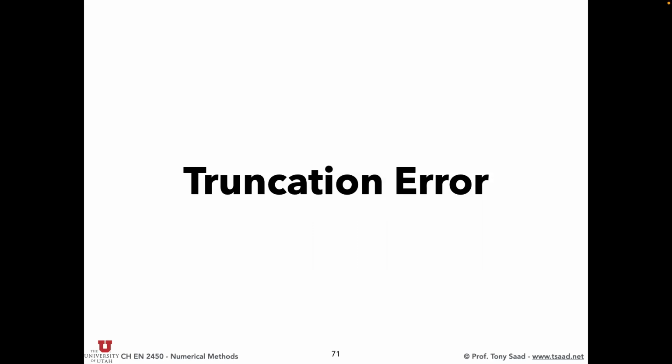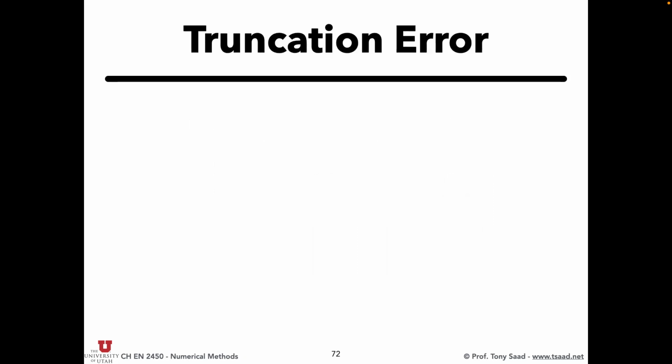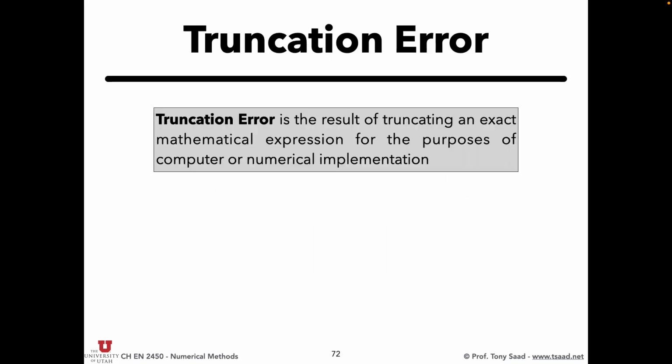Okay. Now, truncation error was the second type of error that we talked about last time. And we defined the truncation error simply as the error committed when you take an exact mathematical expression and truncate it.